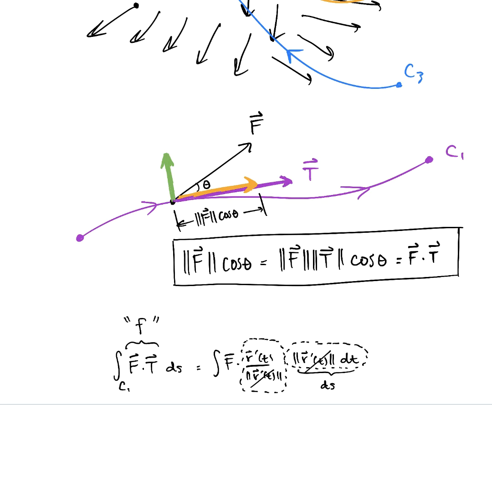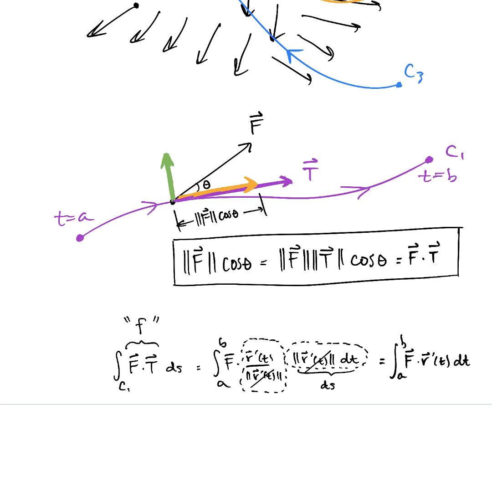So if this is t equals a, and this is t equals b, then the limits on that integral are a to b, and you have nothing other than this: integral from a to b of F dot r prime of t dt.